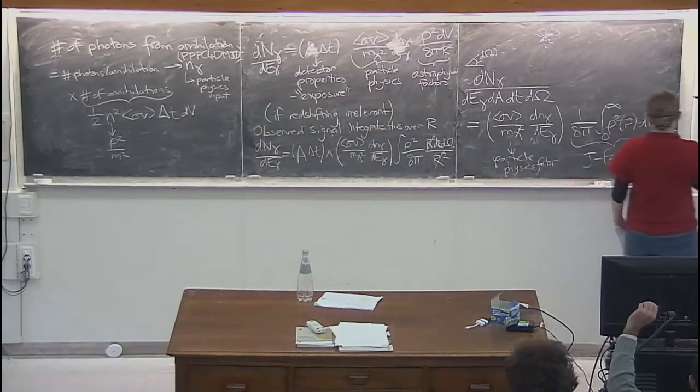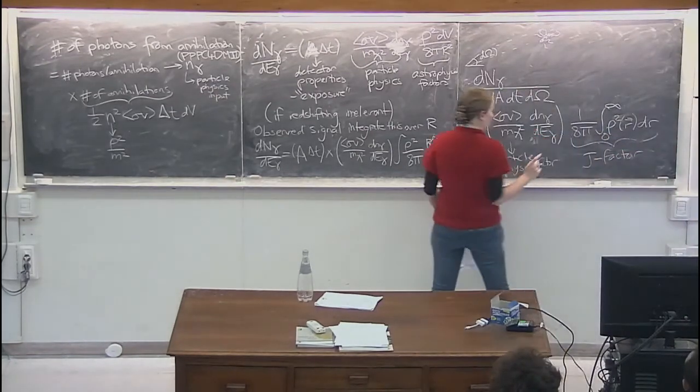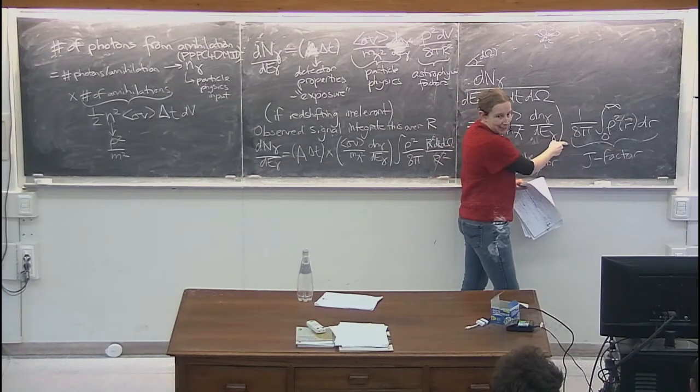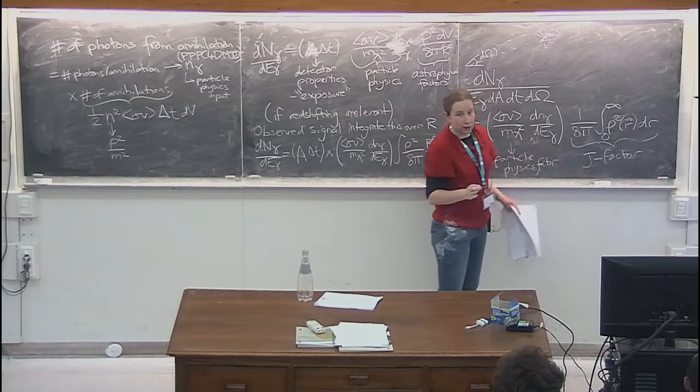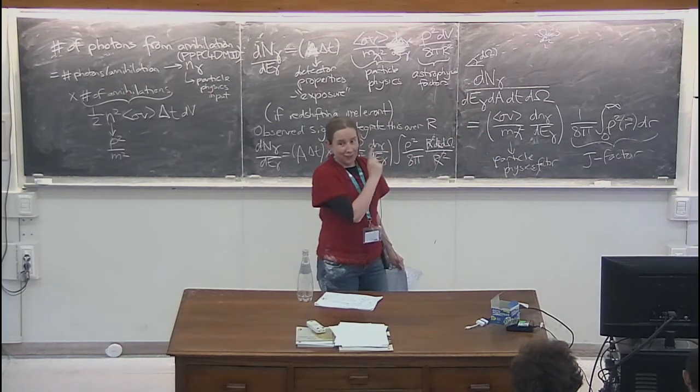Now, there is an important thing to note here, which is that whether or not this factor of 4 pi is in the J factor is a convention that is not universal through the field. So if someone quotes a J factor, check their definition.